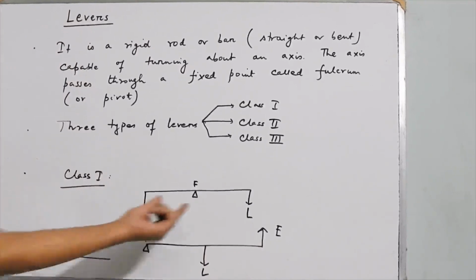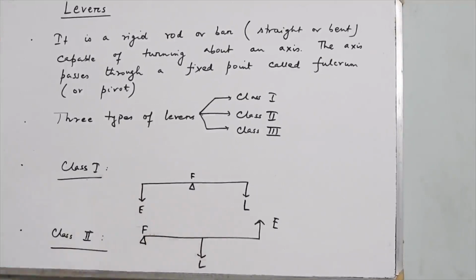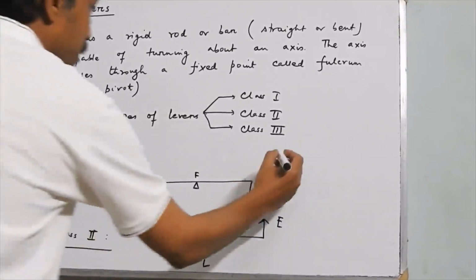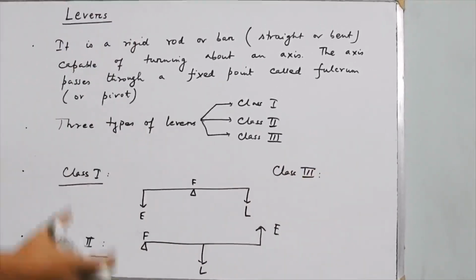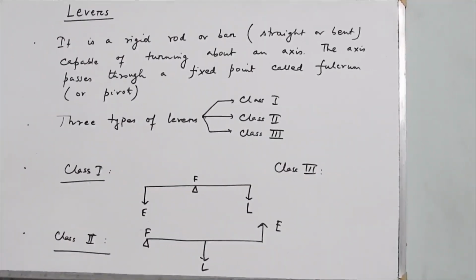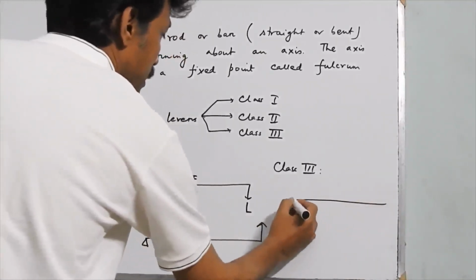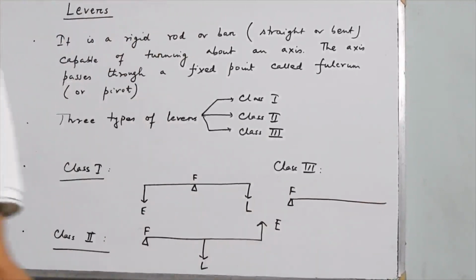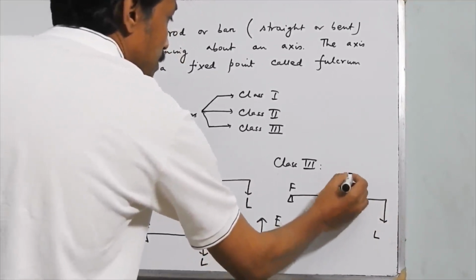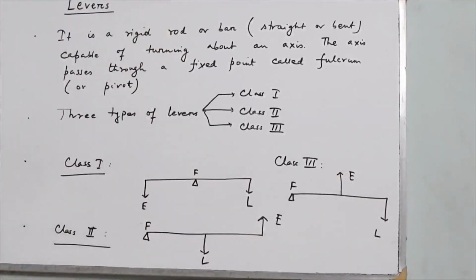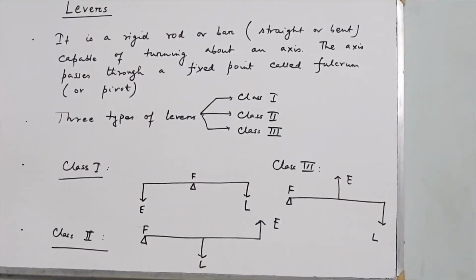So class 1: fulcrum is between effort and load; class 2: load is in between fulcrum and effort; and the third obviously will be class 3, where the effort will be in between the fulcrum and the load. So class 3, schematically you can represent it as fulcrum at one end, the load at another end, and effort somewhere in between. So these are the 3 classes of levers that are used in our daily life.